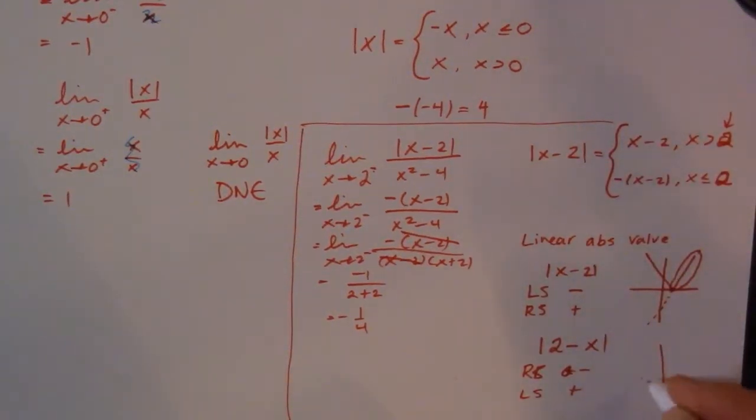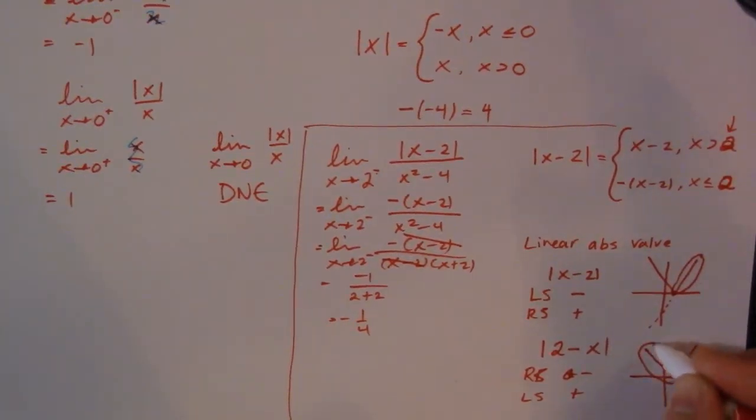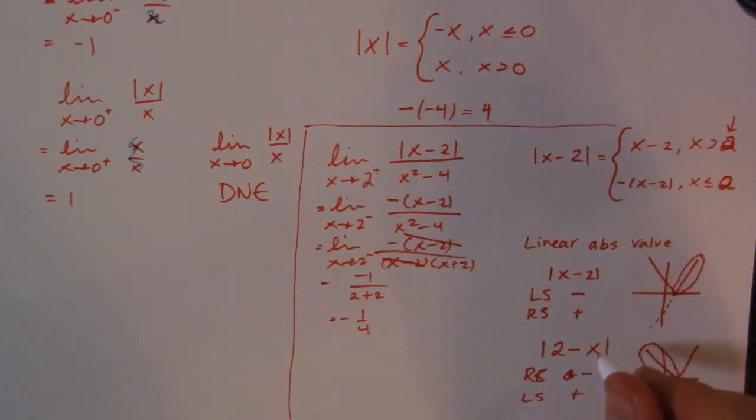Whereas with this one, it has a negative slope, and therefore my y-intercept is plus 2. It's going to look like this. So that's what my line looks like. So this is the original piece that stays the same in my absolute value. So this is the original piece of the line. So therefore, because it has a negative slope, I want to choose this as my plus. But it's going to be the opposite interval, so it's actually going to be the less than part.